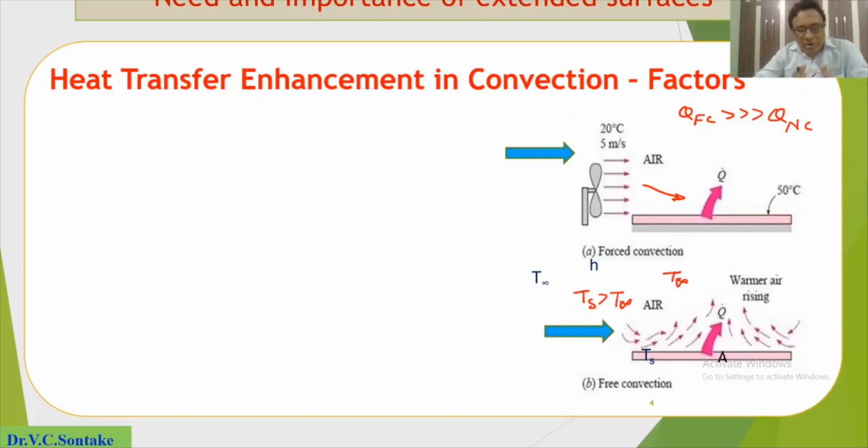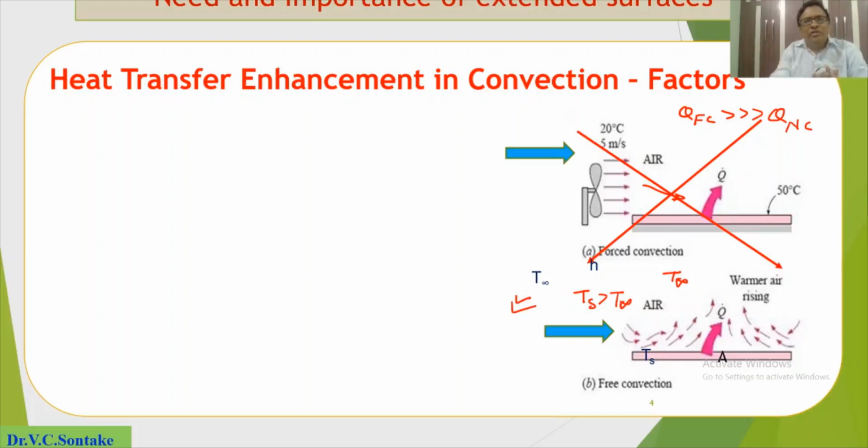So here my purpose is to enhance heat transfer rate in convection. We have one method, forced convection. But in many real life situations, we cannot use the forced convection setup, that is, we cannot use a mechanical agency to enhance heat transfer rate. That means we need to restrict ourselves to free or natural convection conditions only.